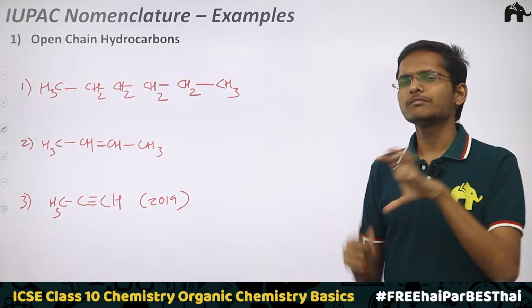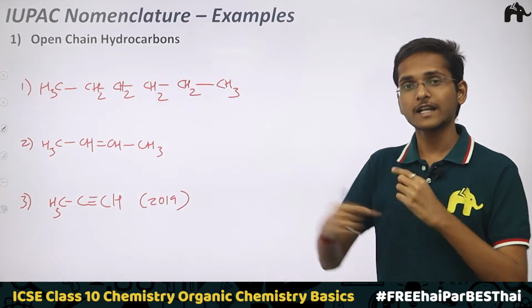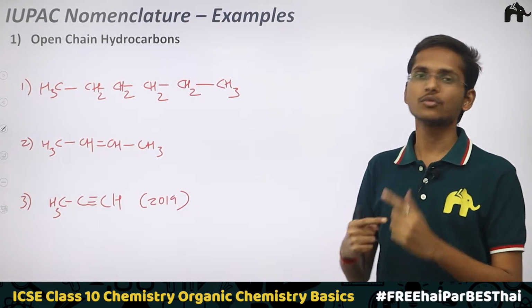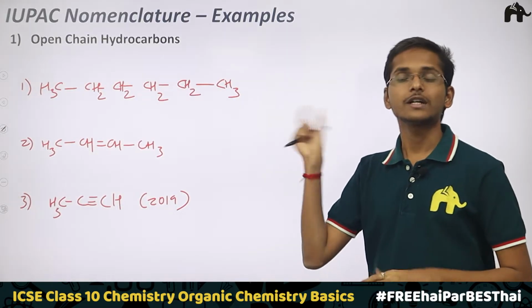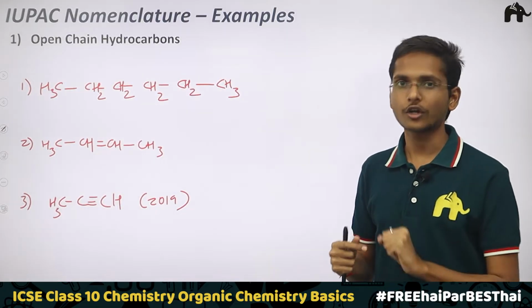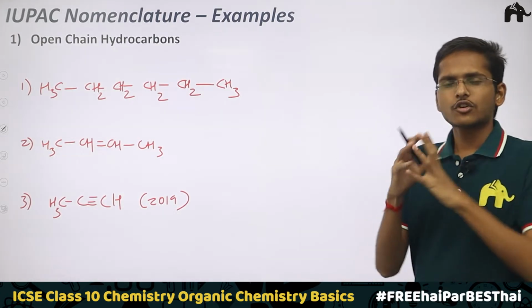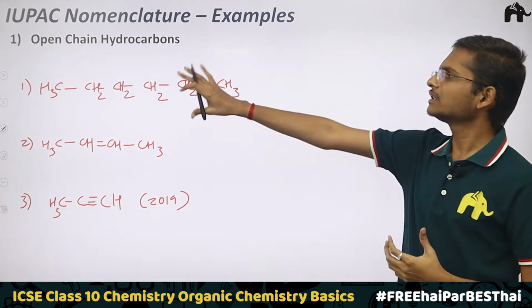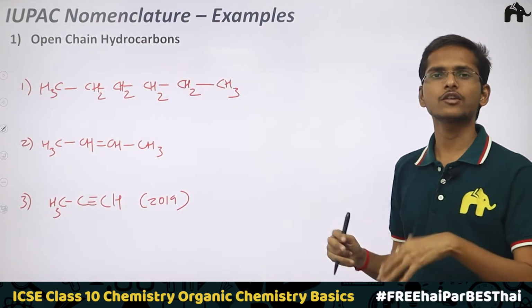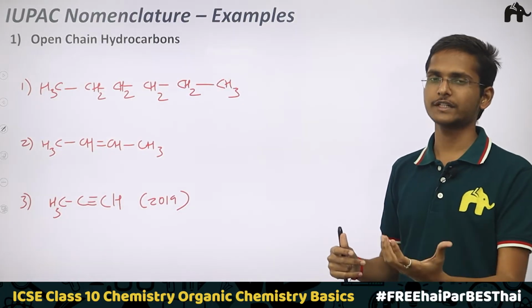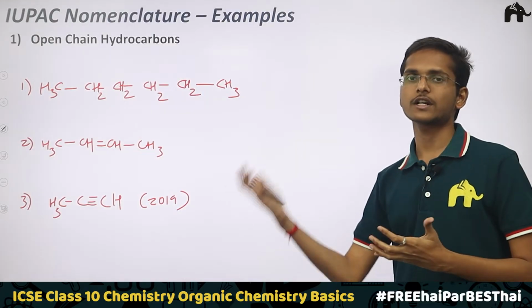A basic idea you would get, and then after that you need to practice more and more compounds like this, so that you get a hold on it. Now first, in order to understand the rules, let's start with the simplest organic compounds, which are open chain hydrocarbons, saturated and unsaturated hydrocarbons. We have studied saturated are alkanes, unsaturated are alkenes and alkynes.